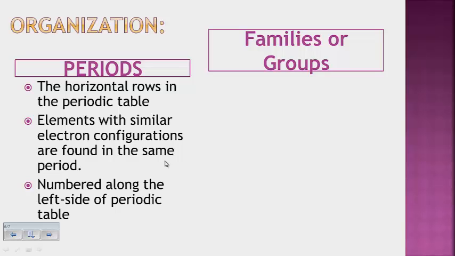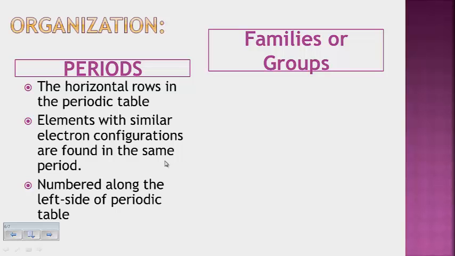So you're going to see, if you're looking at your periodic table, there's numbers on the left side. And those numbers, 1, 2, 3, 4, 5, 6, reference how many outer electron shells they have. So everyone in period 2 have 2 outer electron rings. Everything in period 3 have 3 outer electron rings.